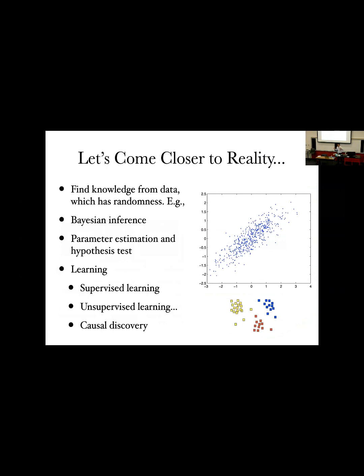Now we have to basically go down to earth. We can only analyze data, right? How can we make use of data? So we can use the Bayes rule. We can do Bayesian inference. In Bayesian inference, it's cool because you don't need to do optimization. Essentially, you don't have to do estimation. You just always follow the same principle to do inference. You have a prior, you have a conditional, right?